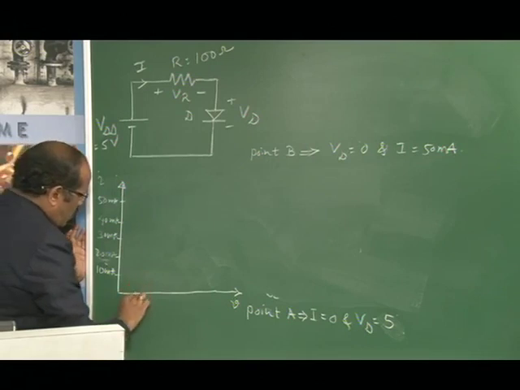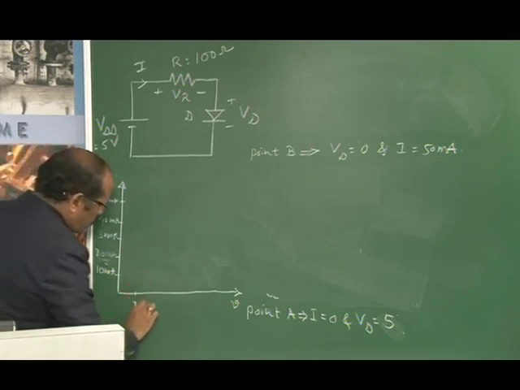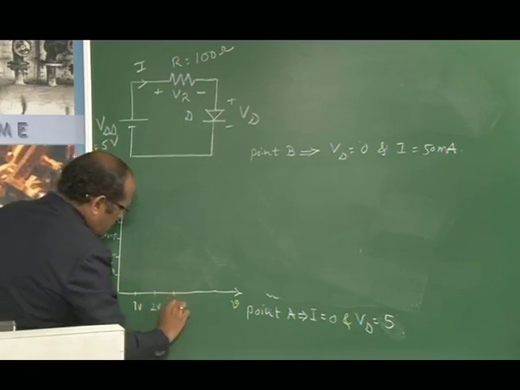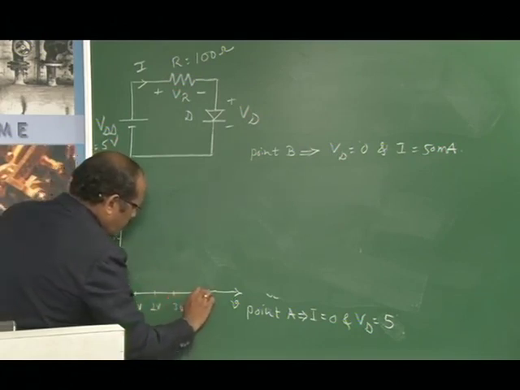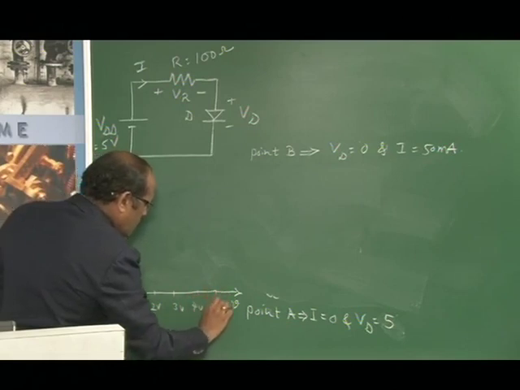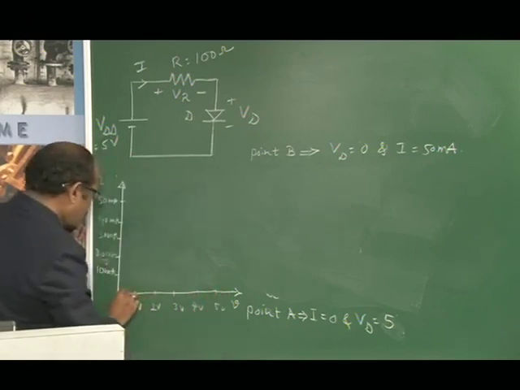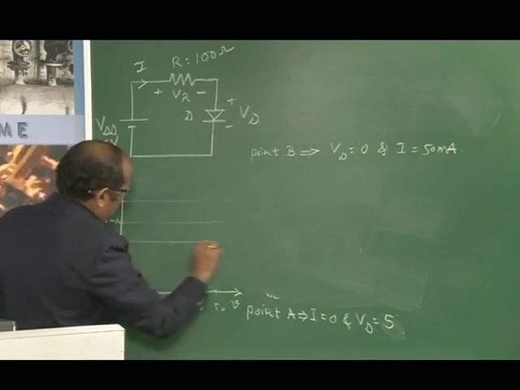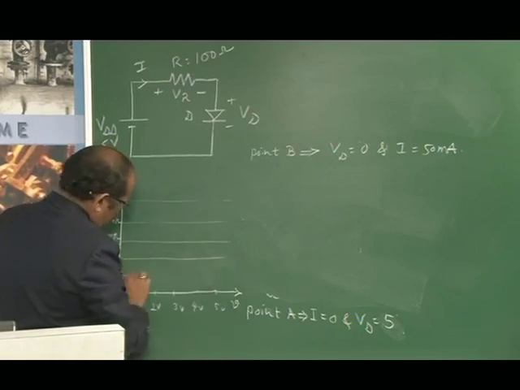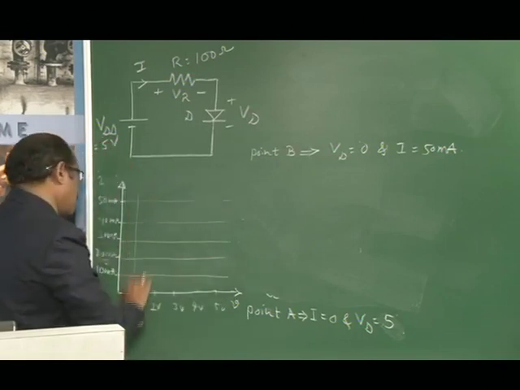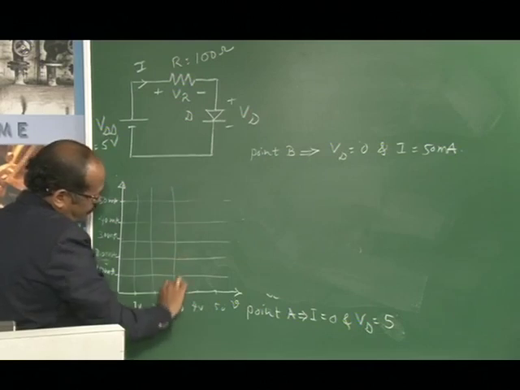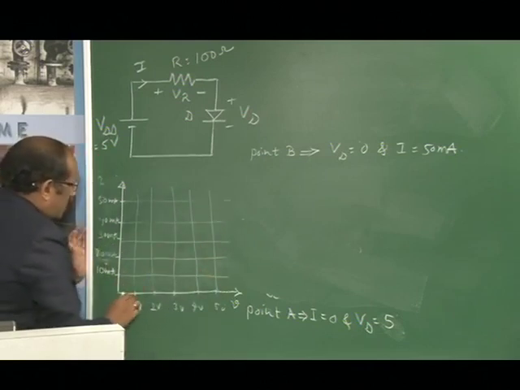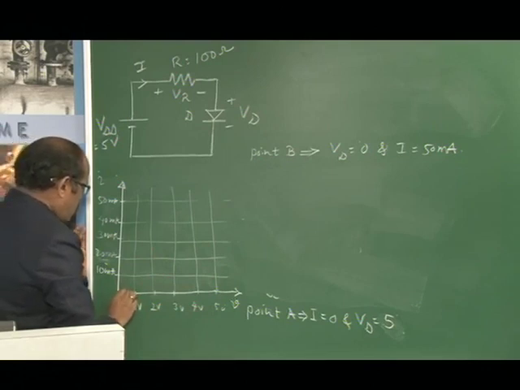Correspondingly we will have 1 volt, that is the diode drop, then 2 volts, 3, 4 volts, then 5 volts. Then the diode characteristics looks like this here.